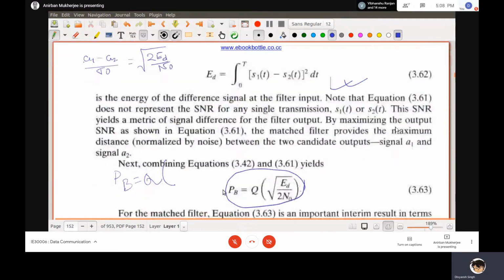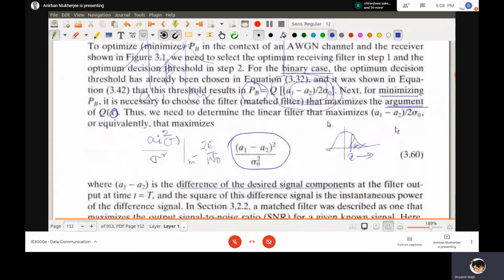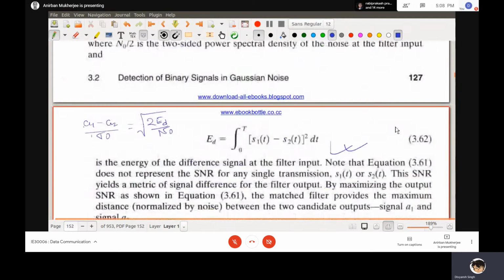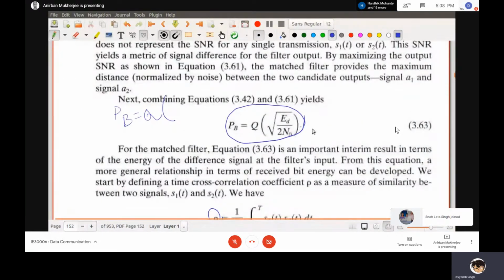Now, what is my probability of bit error? It is Q of (A1 minus A2) by 2 sigma 0. With the 2 sigma 0, I have a half, so removing this, you will put it here, and it becomes Q of root of ED by 2N0.